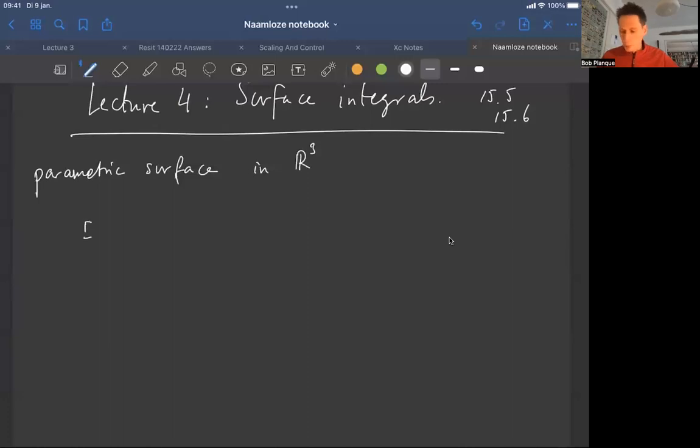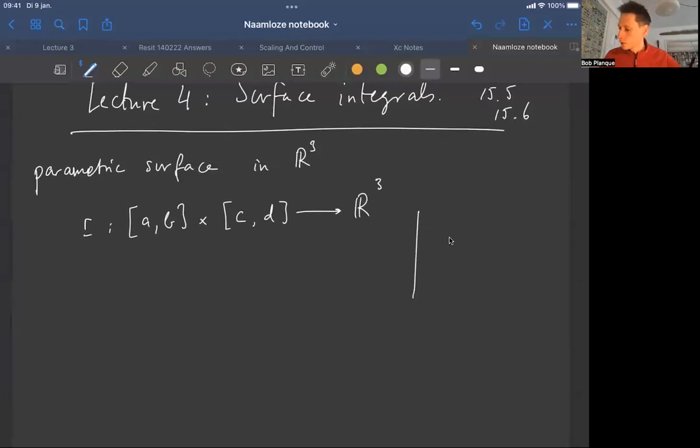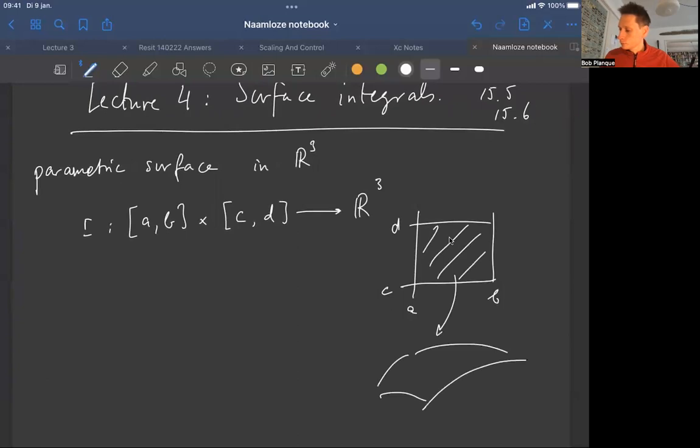So that's a map, let's say R, which I'm going to take from a square in R2, spanned by [a, b], the interval, and [c, d], the other interval, and I map this to some surface. So (u, v) is mapped to r(u, v), which is a vector.